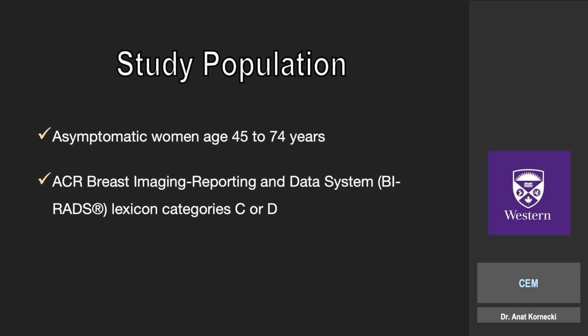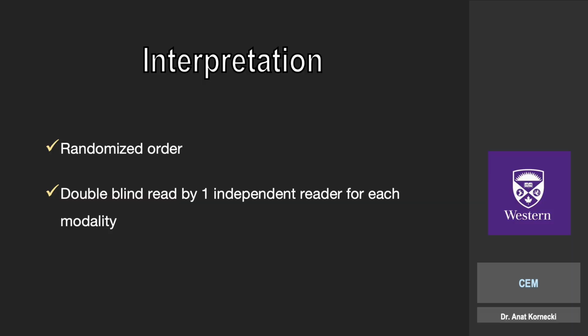The study will be performed in patients who are asymptomatic, ages 45 to 74. They can be with a personal history of breast cancer or not. So category C or D will be eligible. It's going to be a randomized order of reporting, but a double-blind study. So 2 readers.